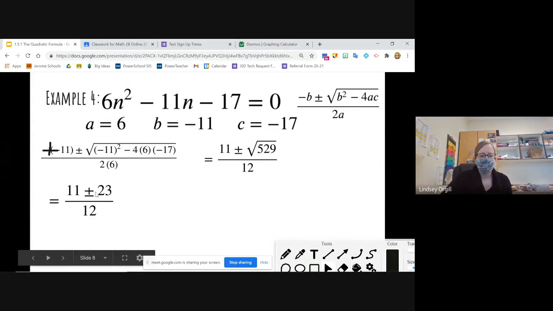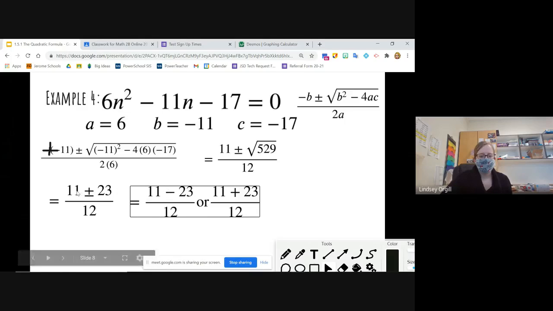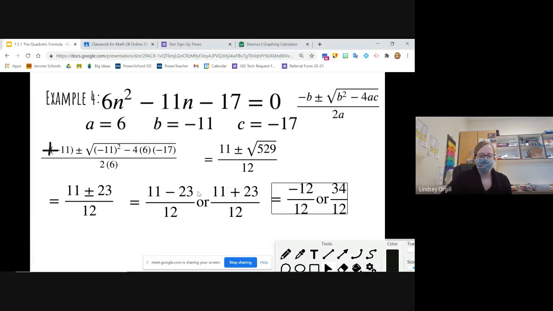So I have 11 plus 23 and 11 minus 23 all over 12. And then from there, I take 11 minus 23 over 12 and 11 plus 23 over 12. So 11 minus 23 is -12. 11 plus 23 is 34.